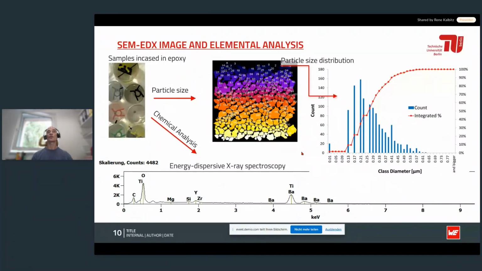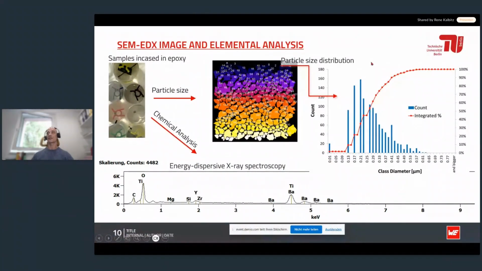That analysis was performed in cooperation with the Technical University of Berlin. The samples were firstly encased in epoxy, then cut, ground, and etched before they were subjected to scanning electron microscopy and energy dispersive X-ray spectroscopy. Based on that, we were able to analyze particle size distribution, electrode spacings, as well as the chemical compositions.